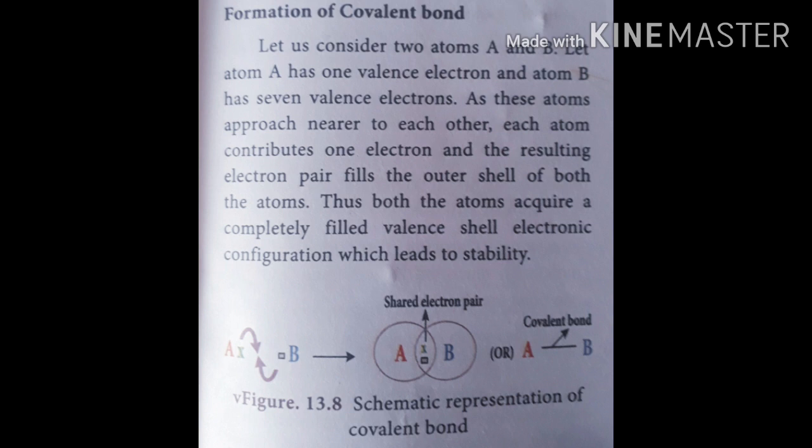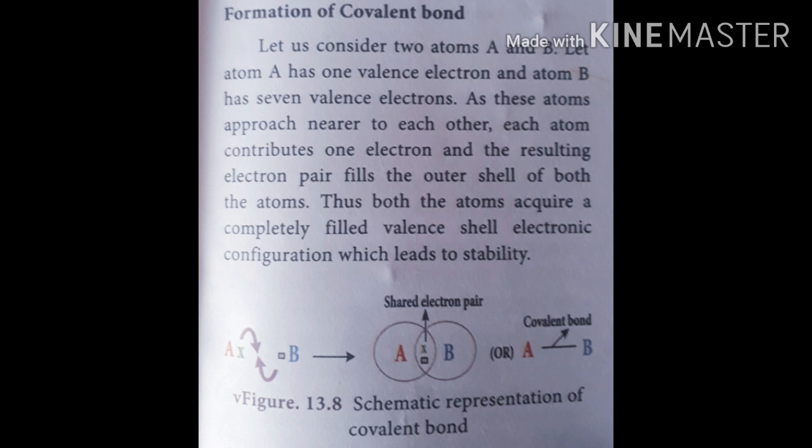As these atoms approach nearer to each other, each atom contributes one electron. Atom A has one electron in its first shell itself, and atom B has 7 electrons: the first shell has 2 electrons, the second shell has 4 electrons, and the third shell has 1 electron.